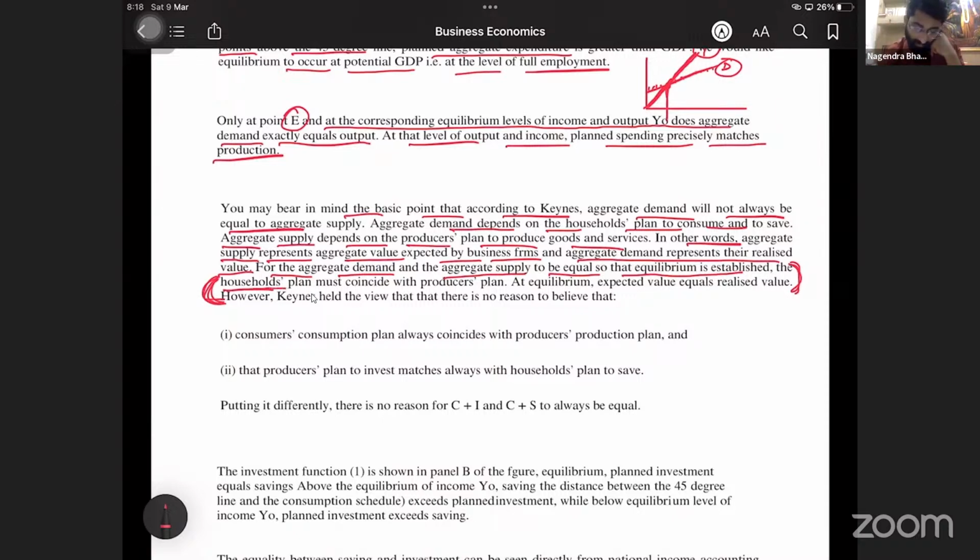It might happen in some year, not every time. At equilibrium, expected value equals realized value. However, Keynes held the view that there is no reason to believe that it will happen every time.